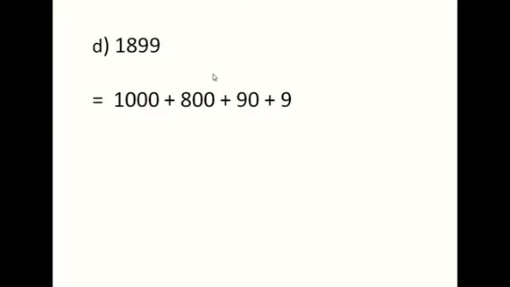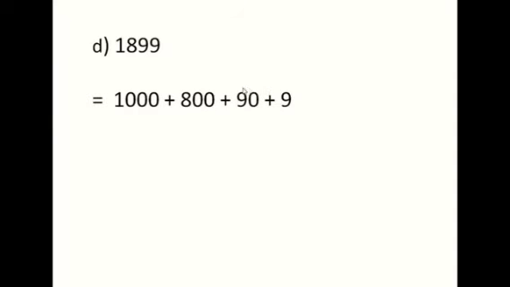So 500 along with 300. So the symbol of 500 is what? Can you remember? So it is D. Along with 100 means C. So C, C and C.